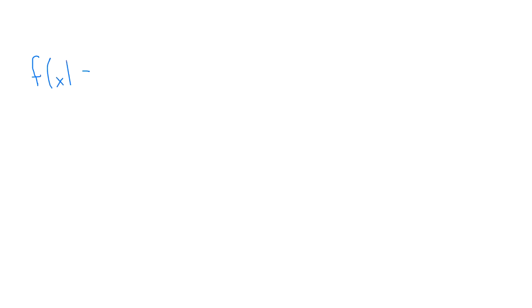It's going to be defined as 2x plus 3 when x does not equal 1. And then let's say our function is just going to be some constant 10 when x equals 1.